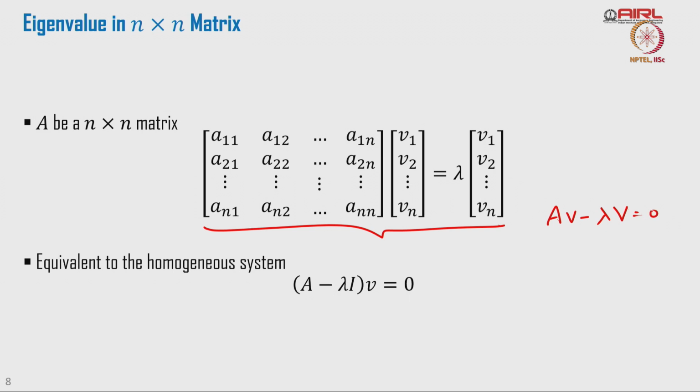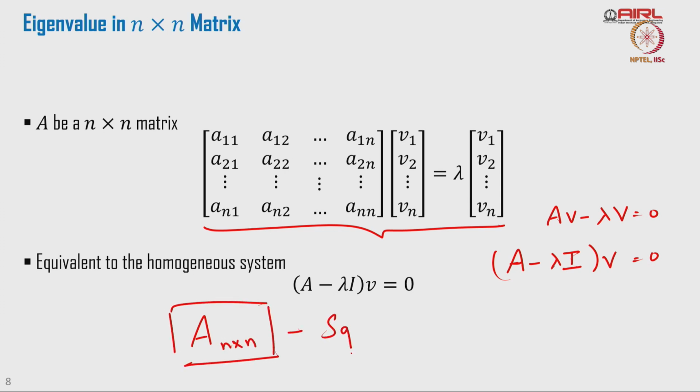So if we take V common outside on the right hand side, we would get (A minus lambda I)V equals 0. That is how we get this. One important thing to note is that eigenvalues and eigenvectors exist only for square matrices. Only for square matrices.